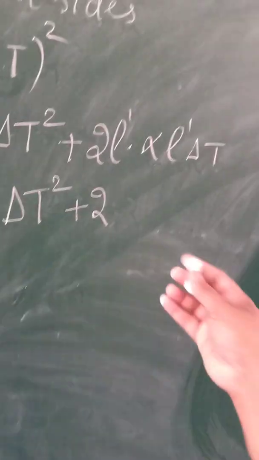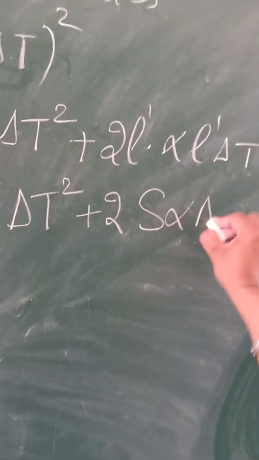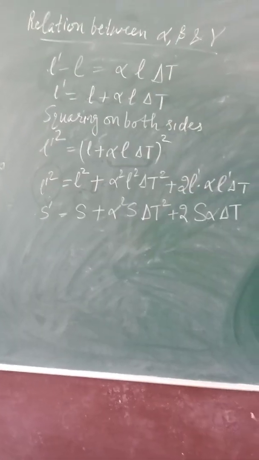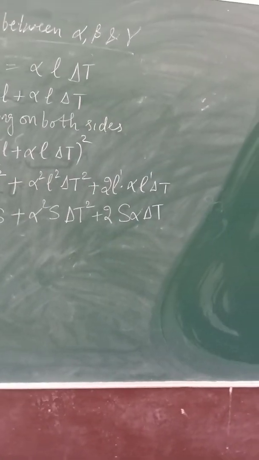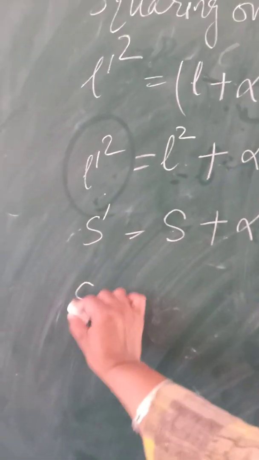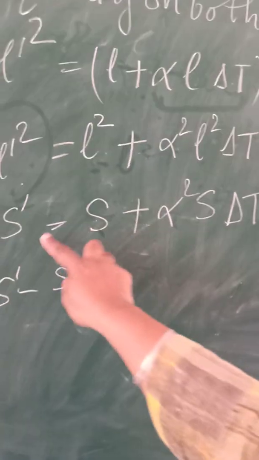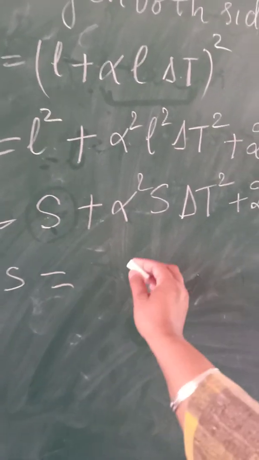L raised to power 2 means S, alpha delta T. Clear? Now this equation can be written as S dash minus S equals, we take this S on the left hand side.